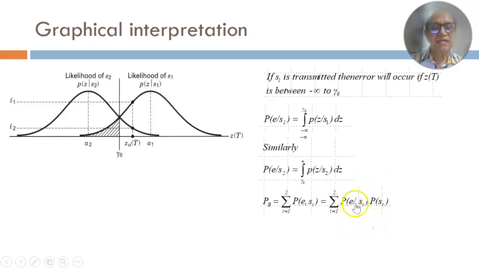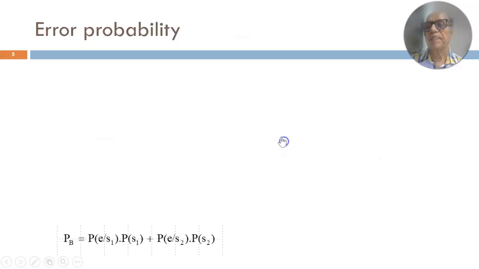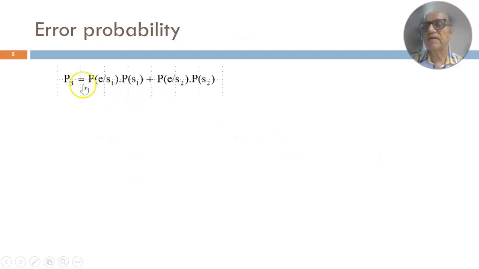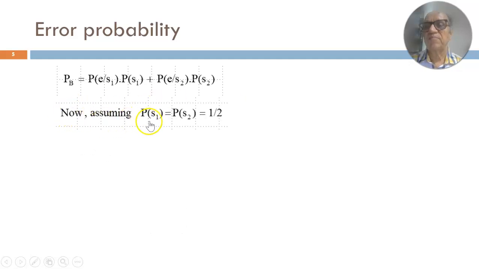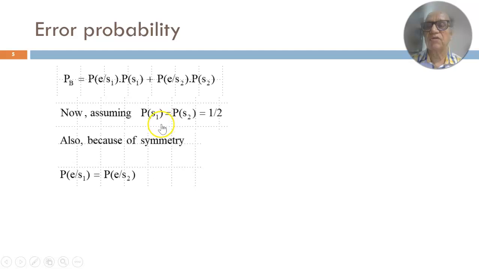Let us expand this. When we expand it, we get P(E|S1)P(S1) plus P(E|S2)P(S2). Now assuming P(S1) equals P(S2) equals 1/2, assuming a uniform probability distribution of the source, and also because of the symmetry, P(E|S1) is equal to P(E|S2).